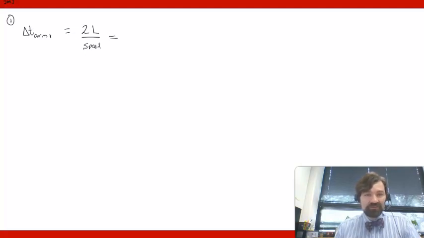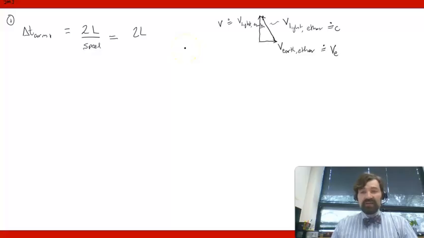Well, the speed when we're perpendicular to the Earth should be obtainable just using simple vector addition for velocities.